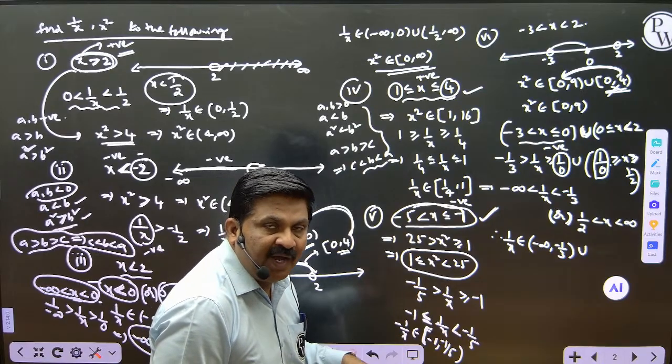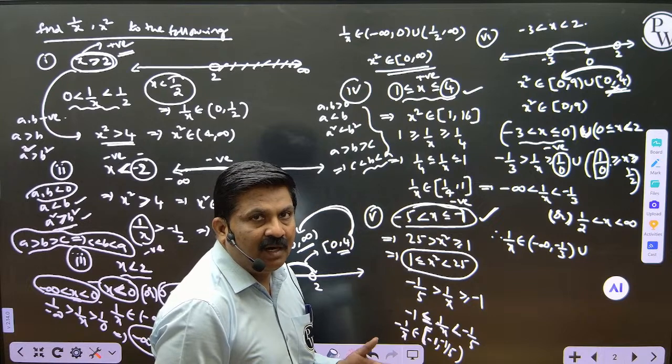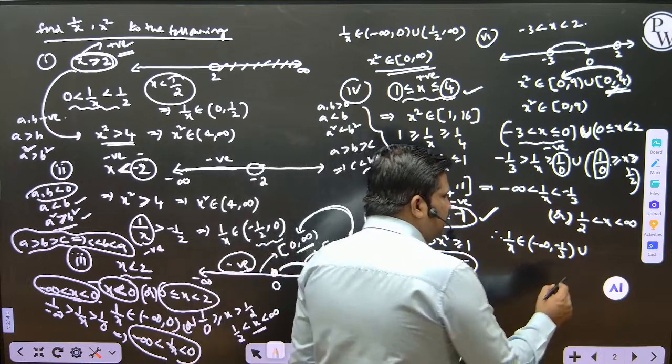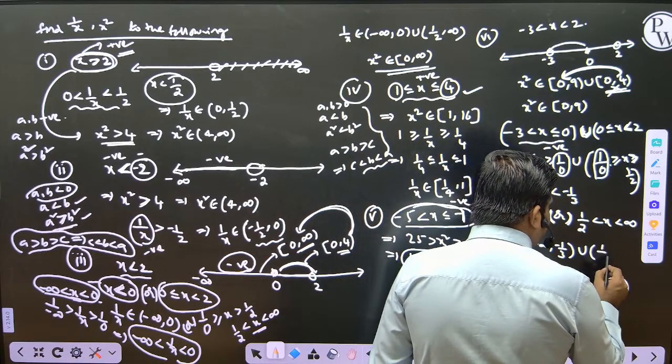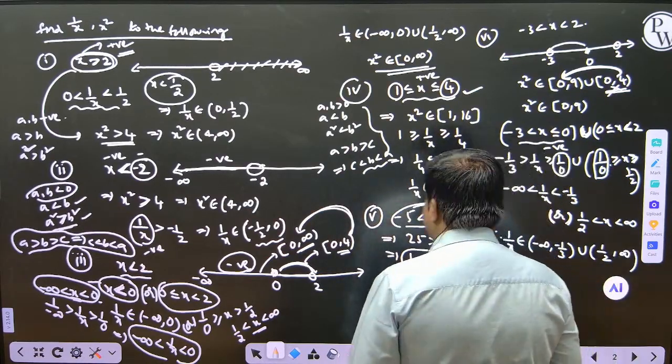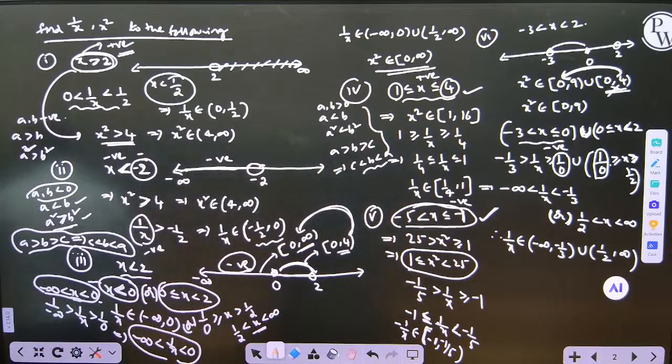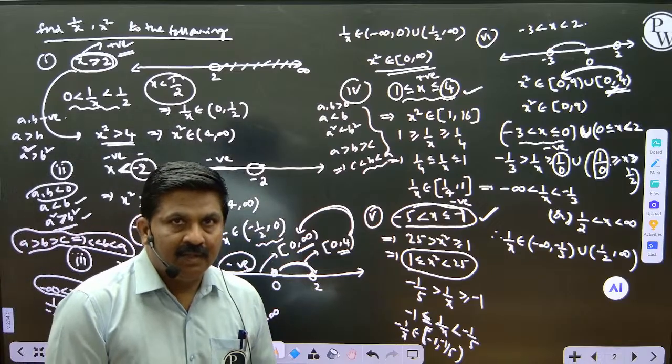Or means you add the sets. So this is used: 1 by 2 comma infinity. Note this down, then leave.